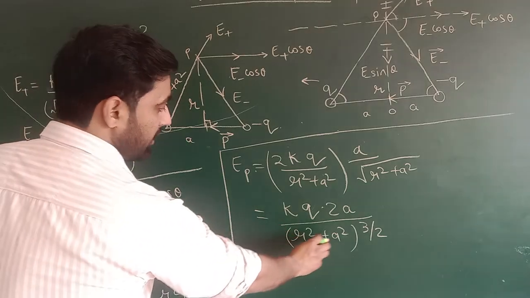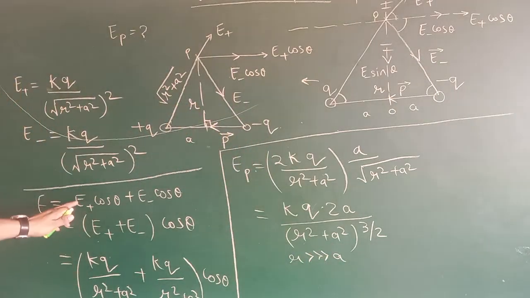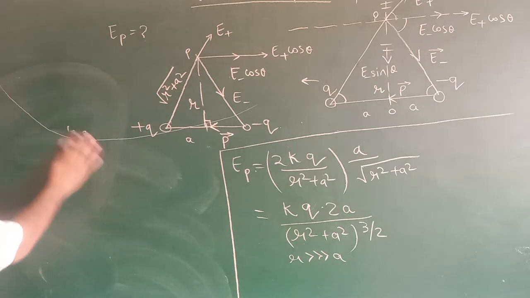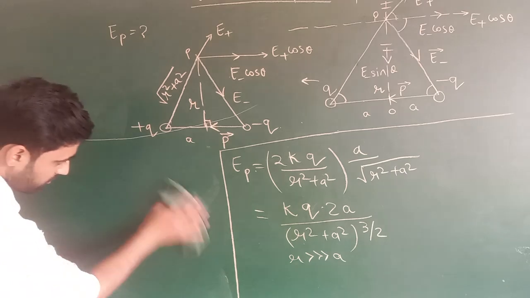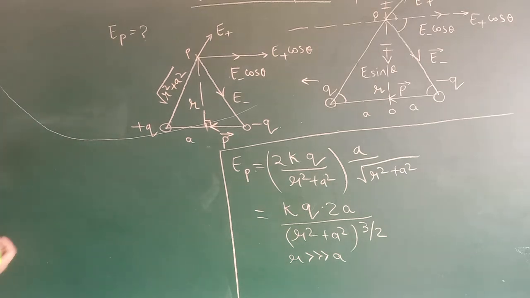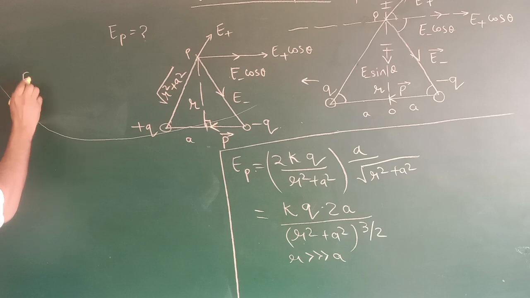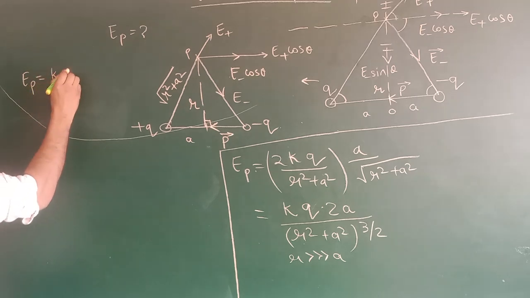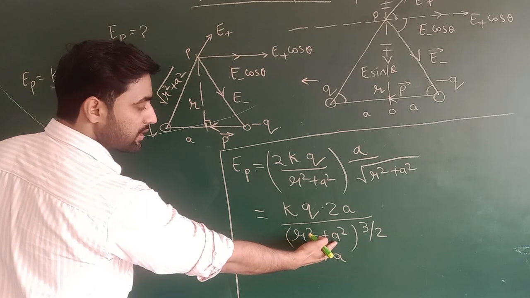If we let this distance r much greater than a, so we will write E P is equals kq 2a divided by r square, and this a square quantity will be negligible.